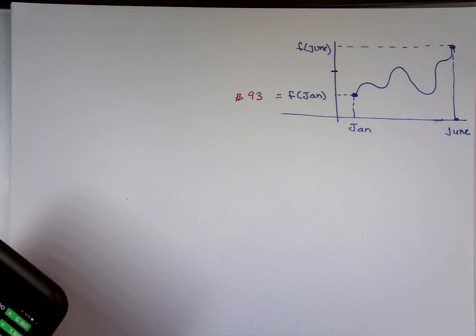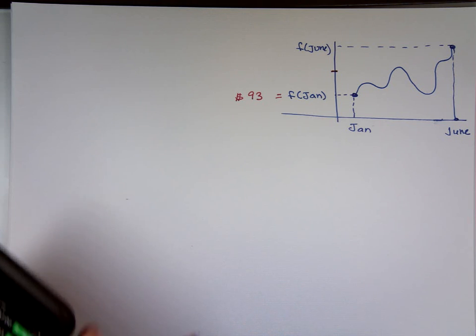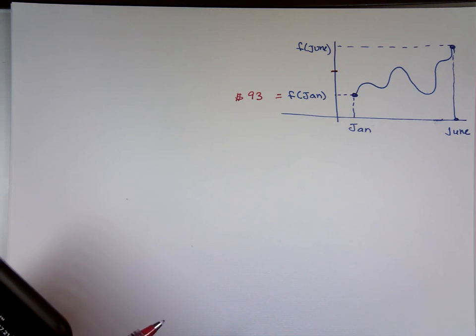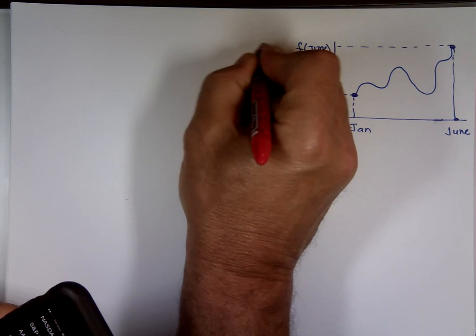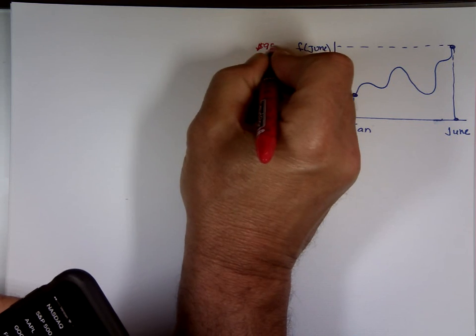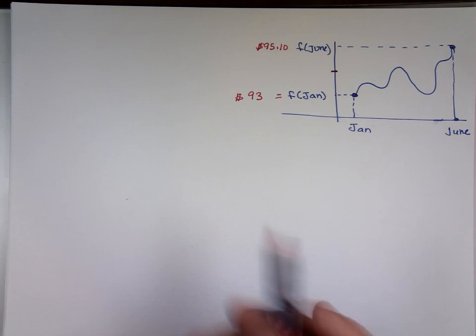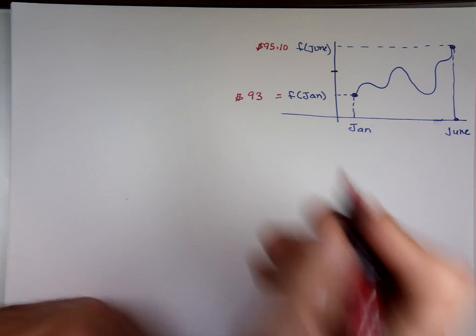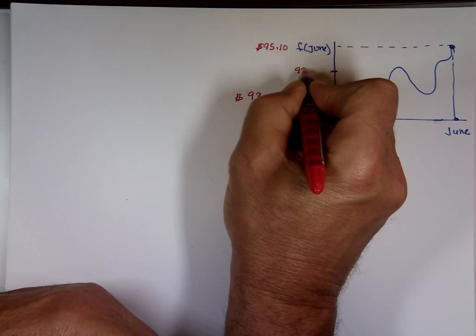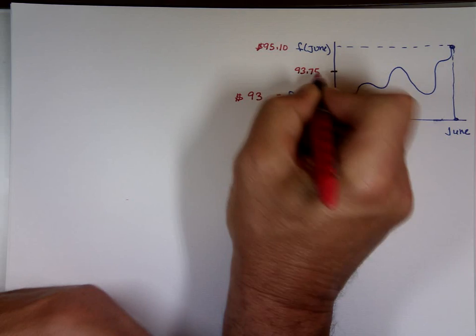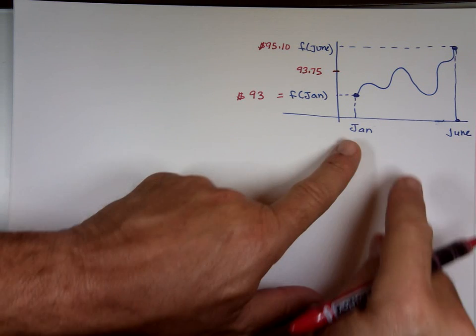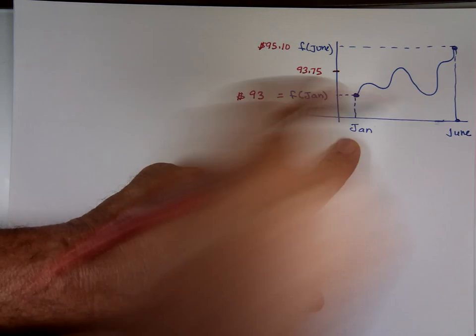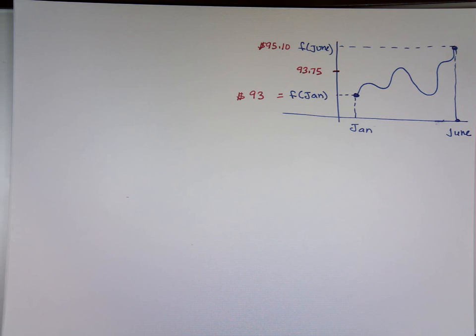Today Apple didn't do well, dropped a little bit. 95.10. If you pick a number between 93 and 95.10, any number like 93.75, we're saying there has to be at least one day between January and June that the stock market hit that number. Has to be at least one day.